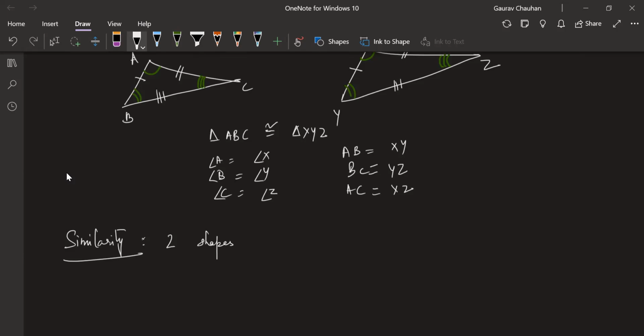Two figures, because the word shape we're using, let's think of 2D figures now.